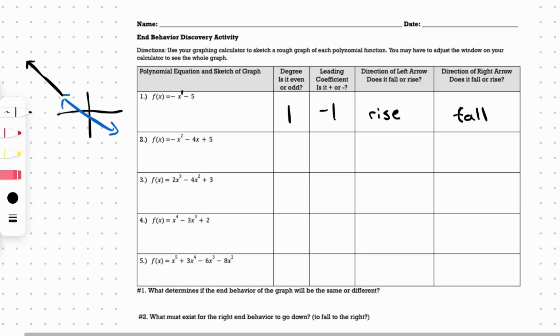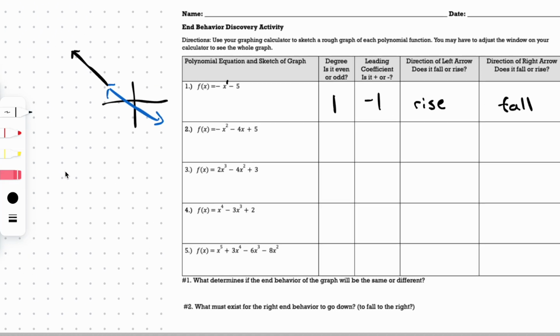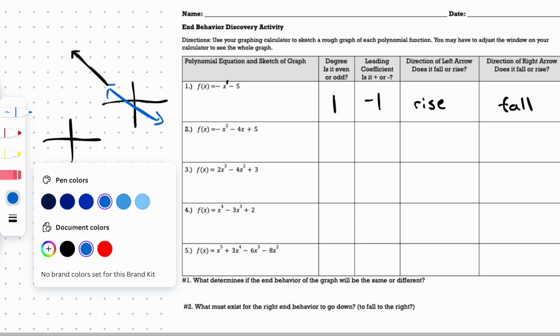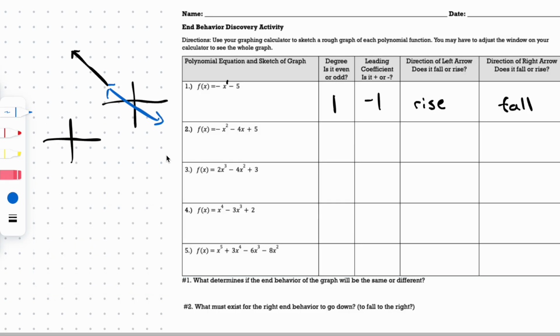Okay, let's look at example 2. I'm going to graph it here. Okay, so we have negative x squared minus 4x plus 5. So we're going to have a function that looks roughly like this.